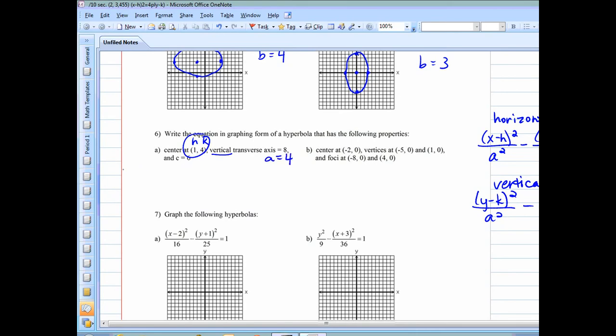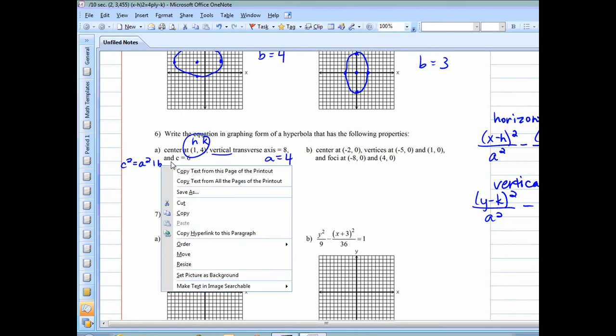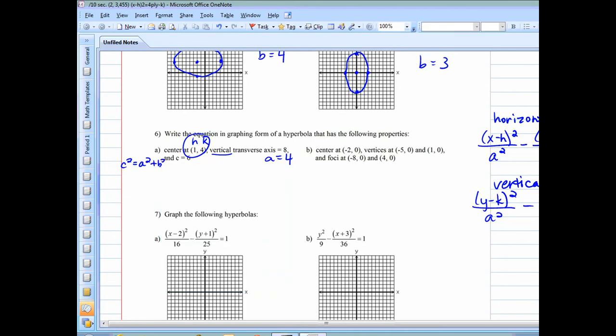And they tell us C. Well, we need to use our c squared equation for a hyperbola, which is c squared equals a squared plus b squared. And so plugging in those values, we will be able to solve for b squared, so that we can put that in our answer. So we get 20 for b squared.